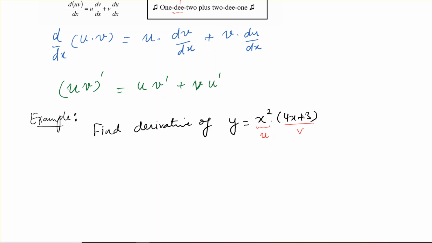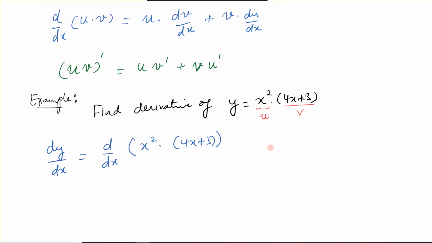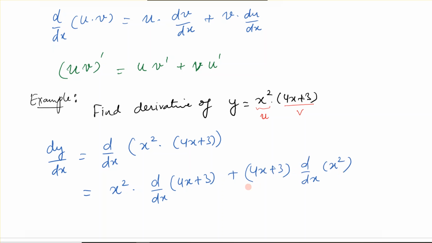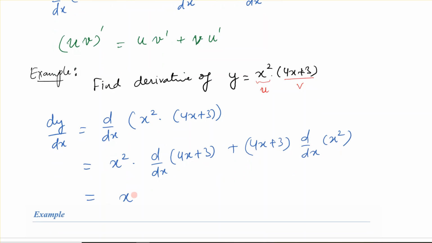When we take the derivative, we expand as 1d2, the derivative of the second, plus 2d1, the second function as it is times the derivative of the first. So here we have x squared, the derivative of 4x is just 4, and the derivative of 3, which is a constant, is just 0.